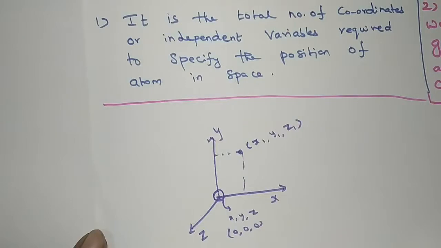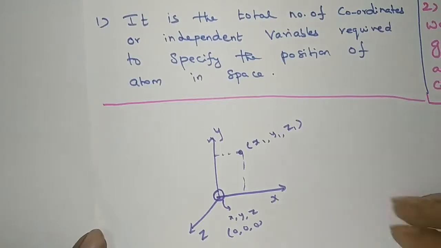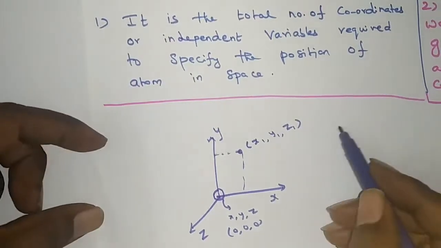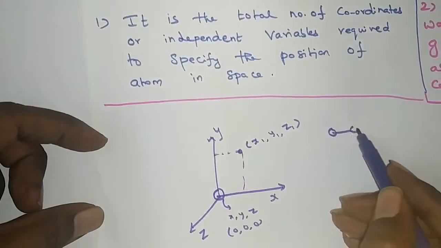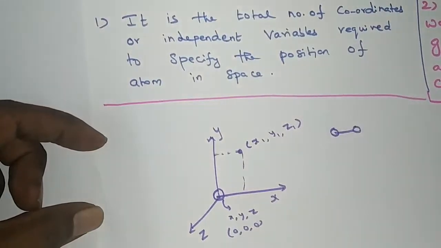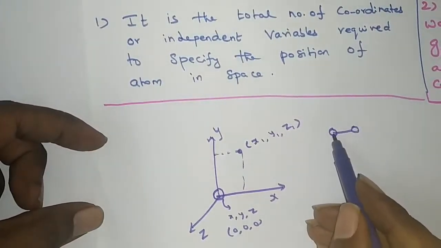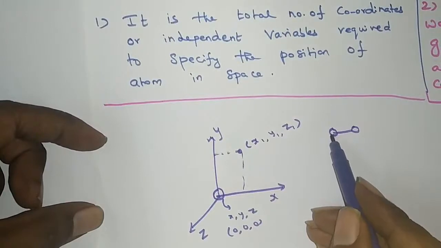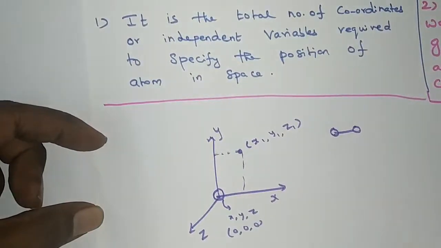Similarly, if I have a molecule in which n number of atoms bound together, what is the degree of freedom in it, right? So I have a molecule like this. Say it is a diatomic molecule, and this particular atom in this molecule requires 3 coordinate axes to describe its own position in space.